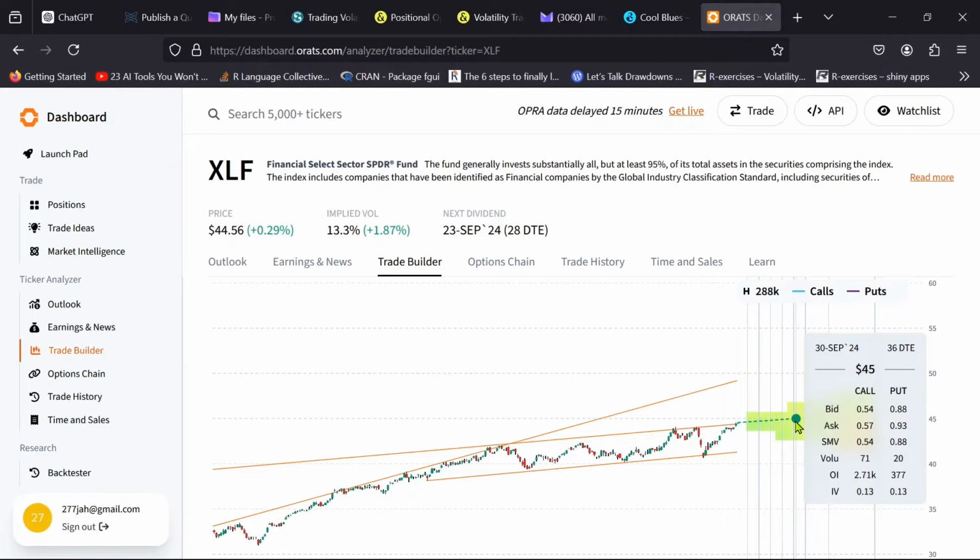You'll make 54 cents on the premium, and it'll be exercised probably in a week or so, because it'll reach. It will definitely be exercised by the 30th of September.